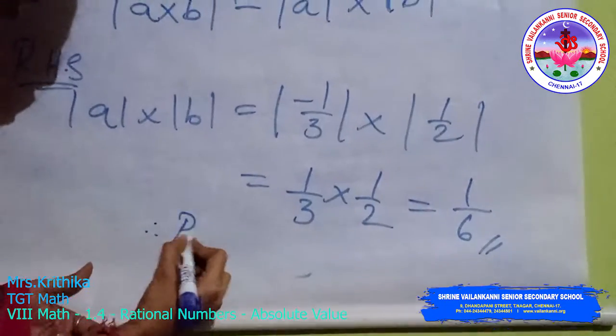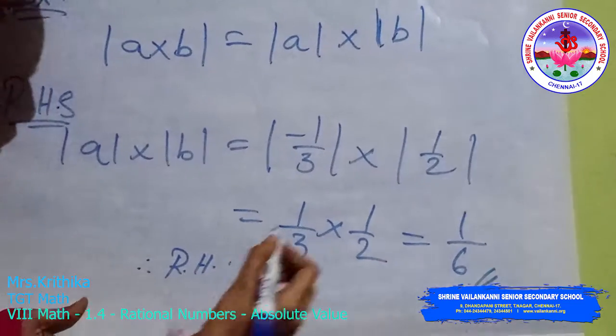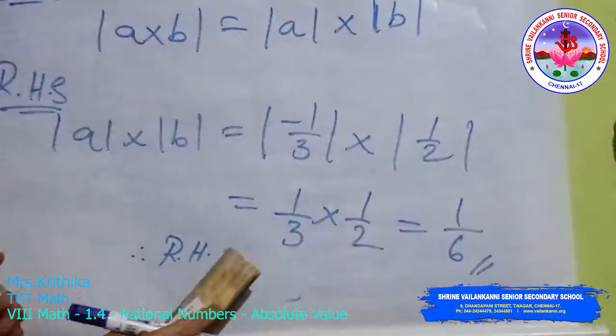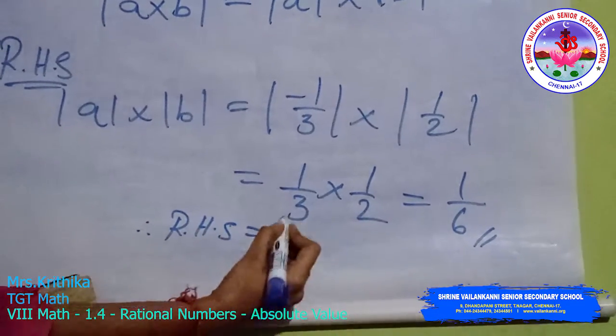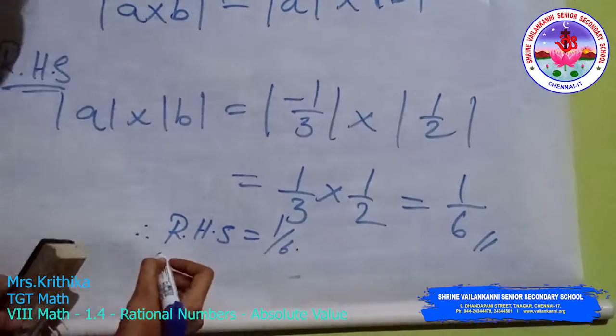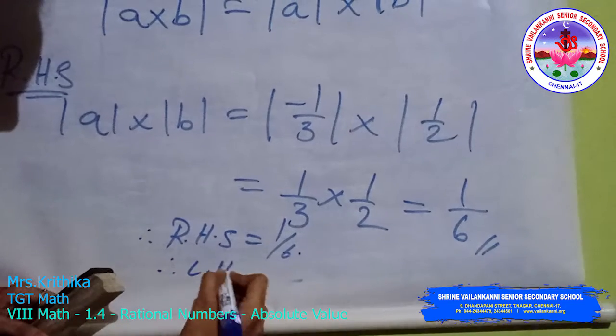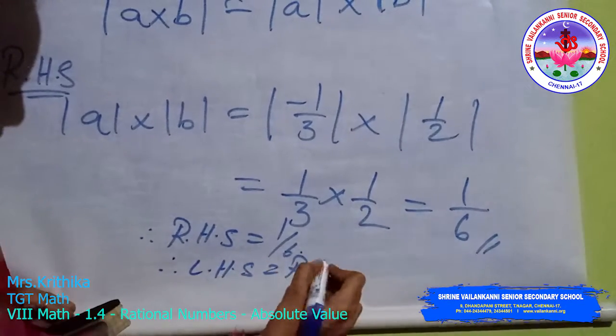Therefore, RHS is equal to 1 by 6. Therefore, LHS is equal to RHS.